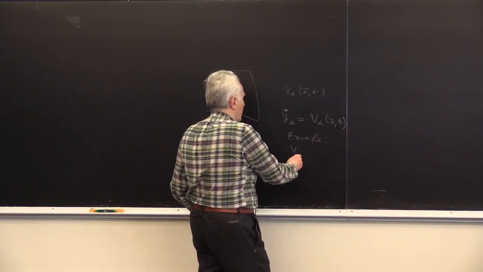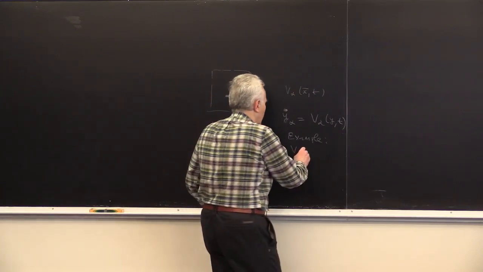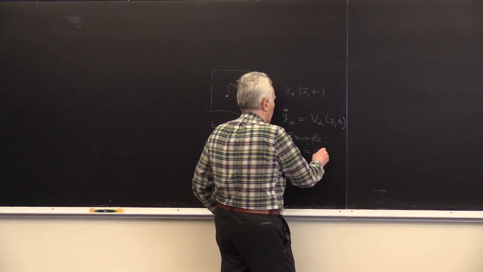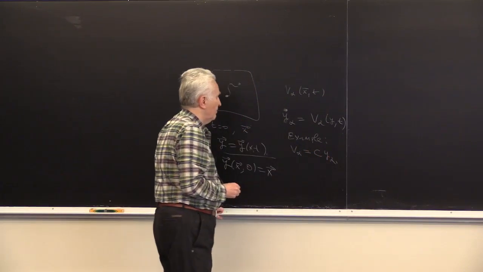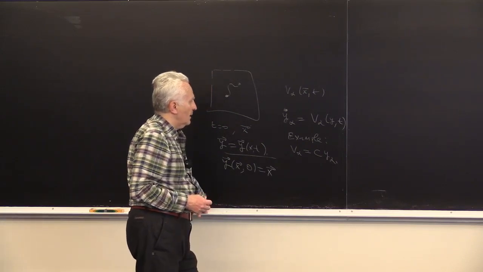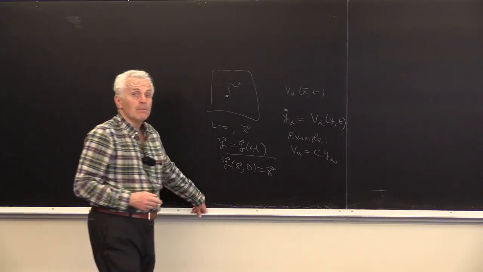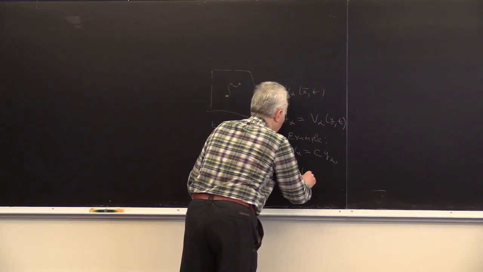Suppose, which we actually will need later, that we have v alpha equals c y alpha. Then what do you think will be the Lagrange trajectory y alpha of x and t?